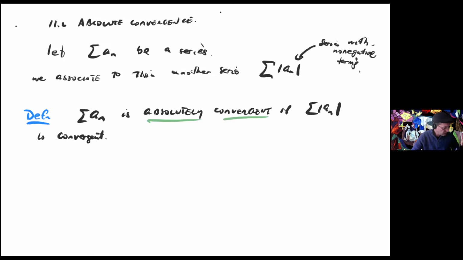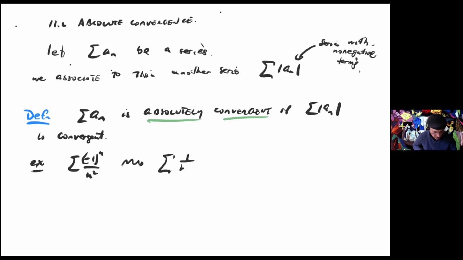So let me give you an example of such a thing. Let's consider summation (-1)^n over n squared. So the series of absolute values in this case is, if we take the absolute value, the signs go away.